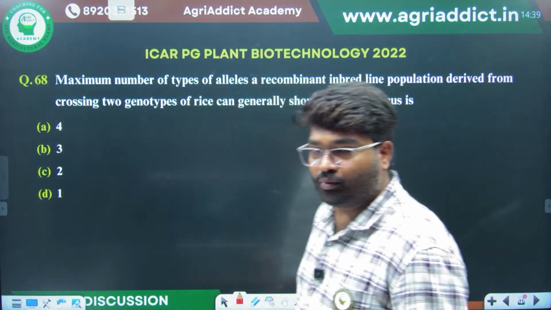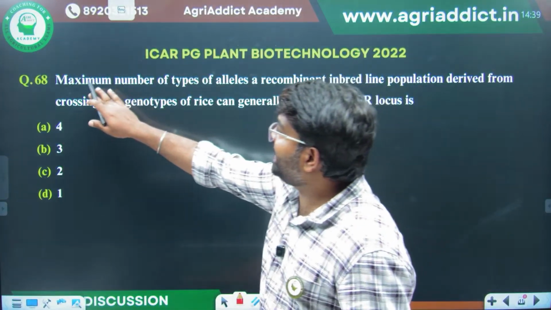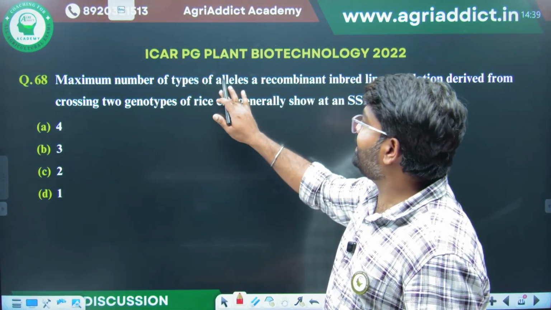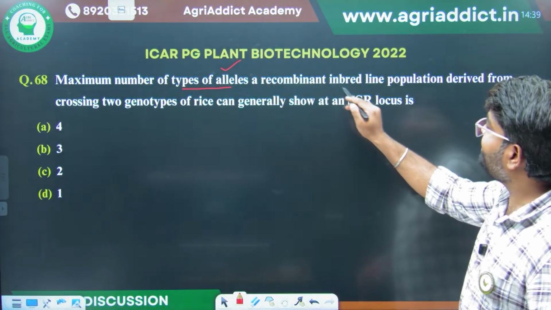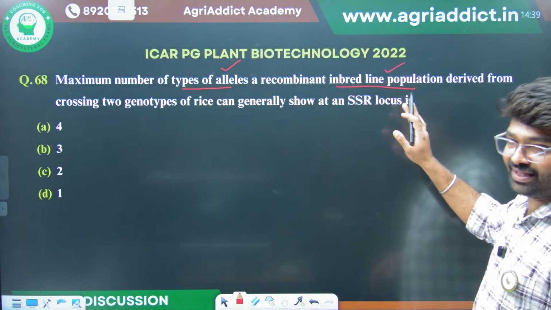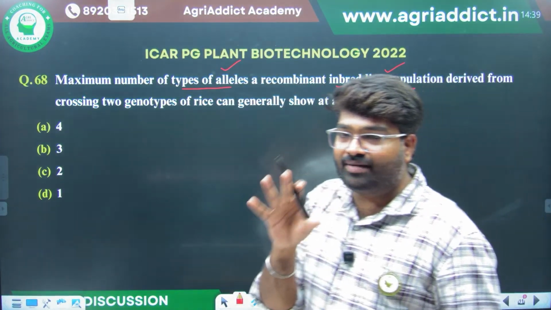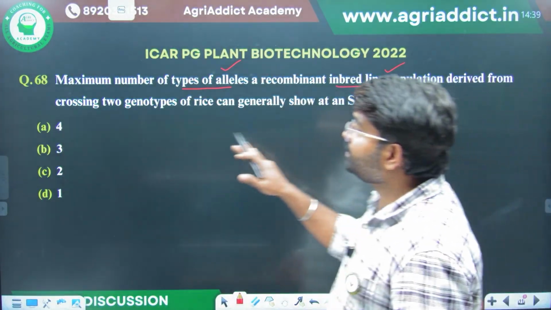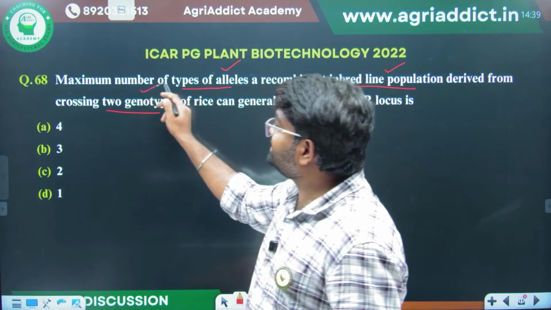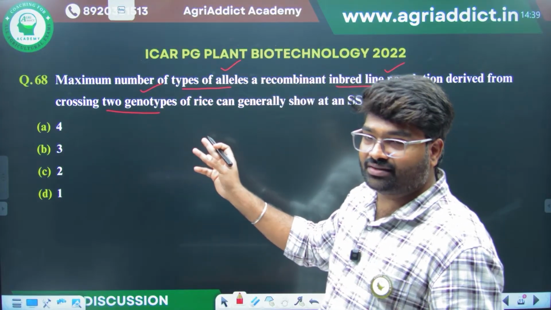Okay. See here about markers they are asking. Maximum number of types of alleles. A recombinant inbred line population. They have given an inbred line population. That means it will have homozygous lines that are derived from two contrasting rice genotypes.